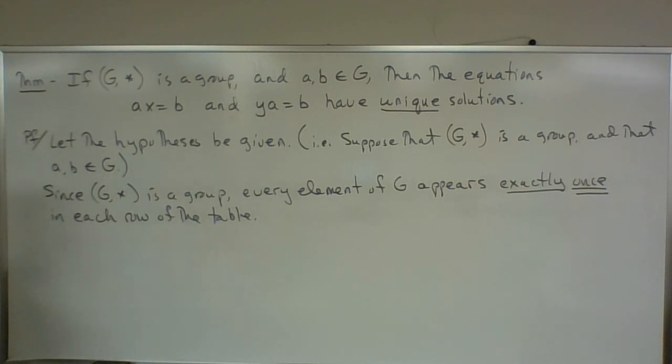Okay, every element of G appears exactly once in each row of the table.